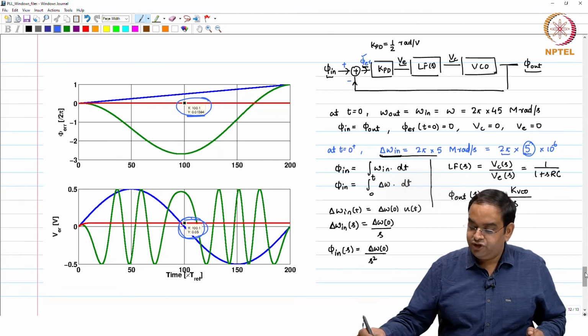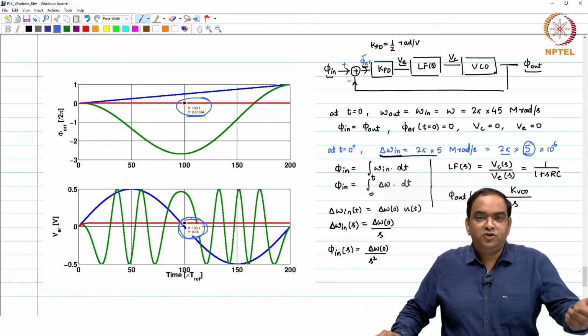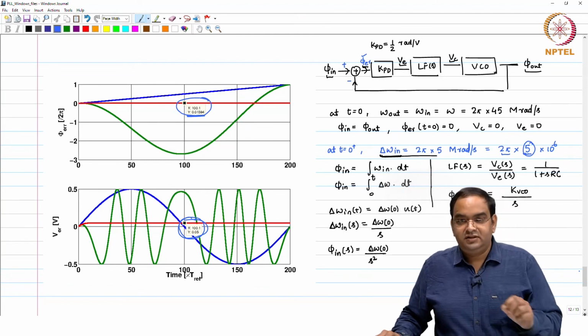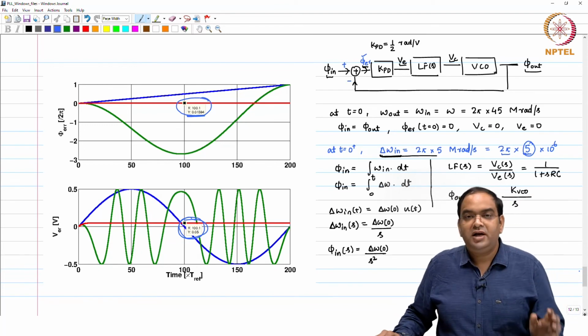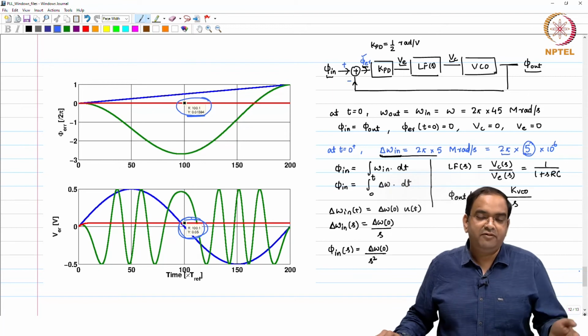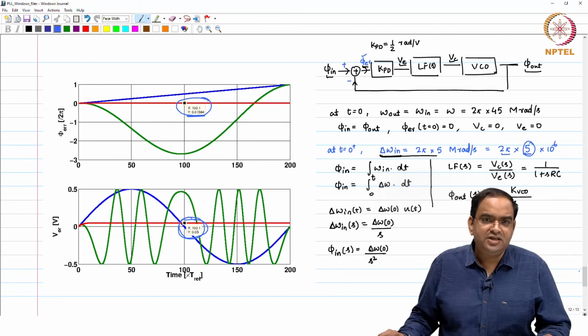So, now the question which we have is whether we should go with the time domain analysis, or this small signal model is good enough to do all kinds of analysis, whether we apply a phase change or frequency change, or there are any limitations.